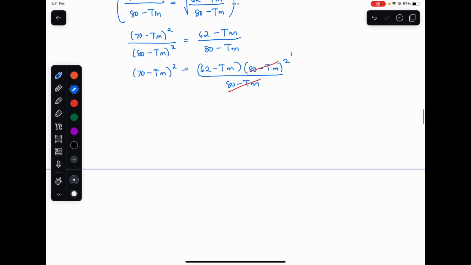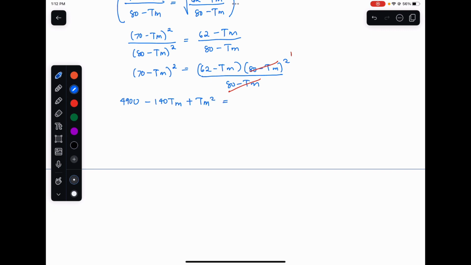And thus we can expand this. 70 minus tm raised to 2, binomial expansion: 70 squared is 4,900, minus 2 times 70 is minus 140 t sub m, and then plus t sub m squared.